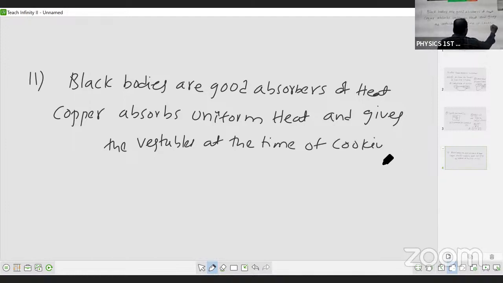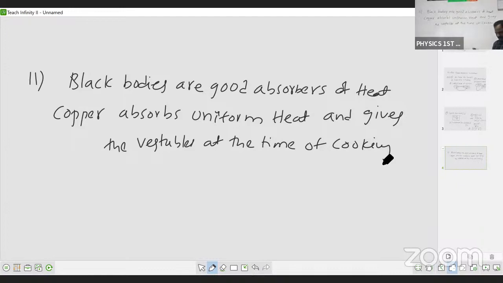When we are cooking, uniform absorption takes place from copper. That's why two different materials we are using, student. What is the similar point between the two materials? Both are good absorbers of heat.